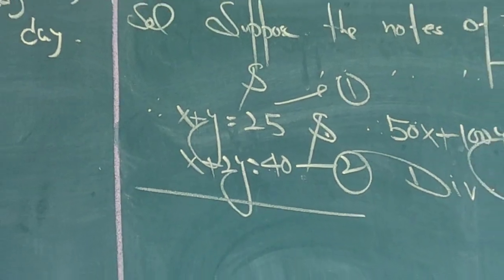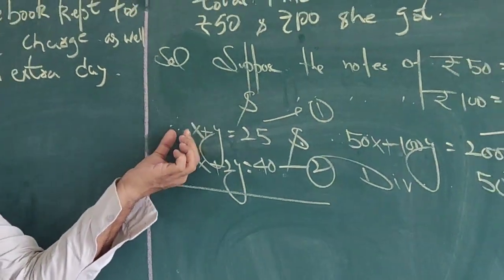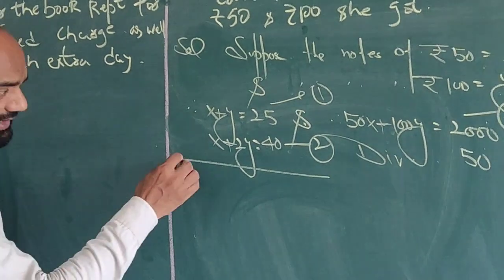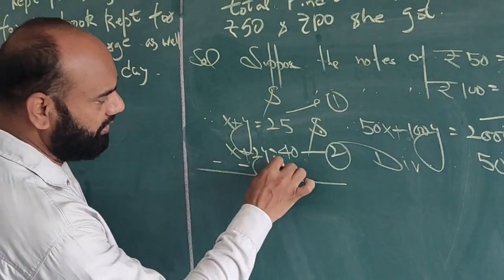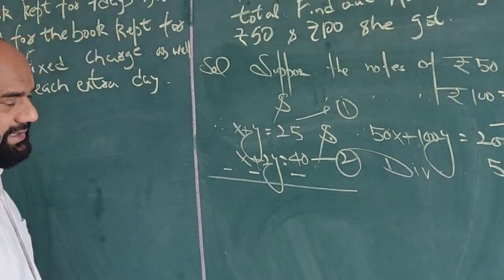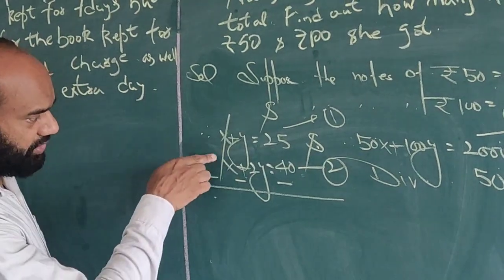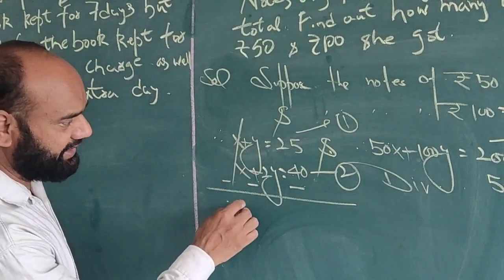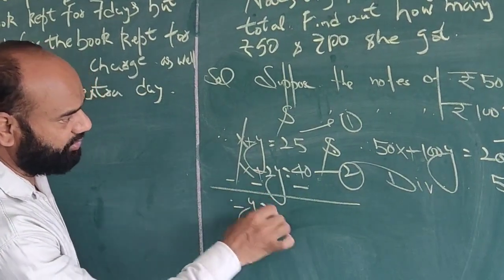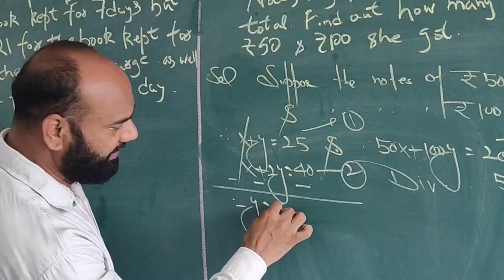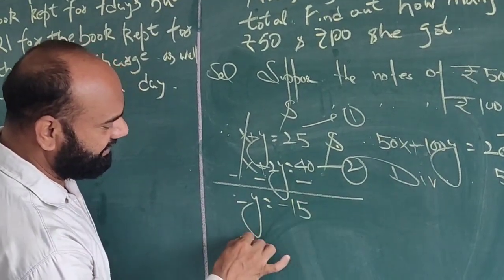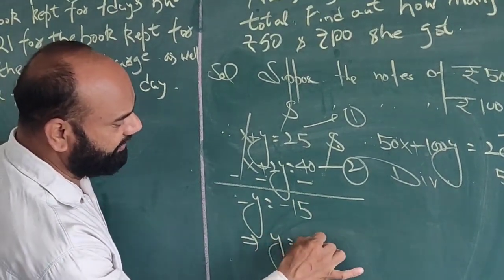In this method we see the terms of x are the same. Therefore, they will be solved only by changing the sign of the second equation. So x and x are cancelled out, minus 2y plus y is equal to minus y. 25 minus 40 is minus 15. Therefore, y equals 15.